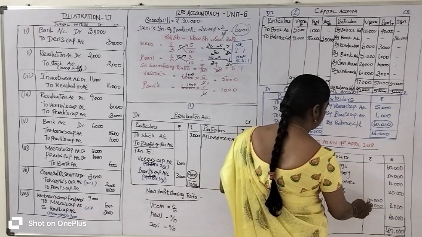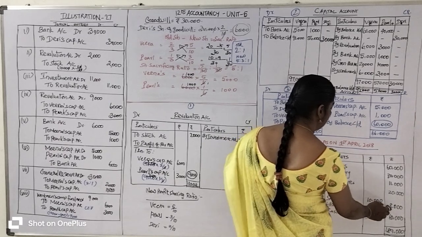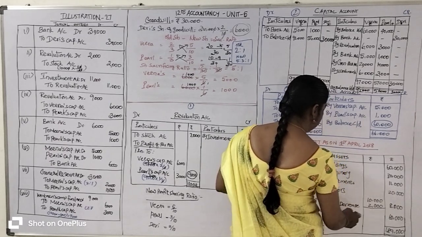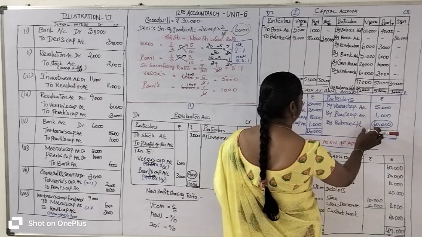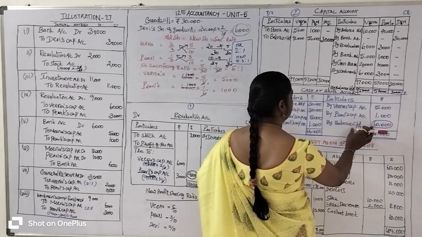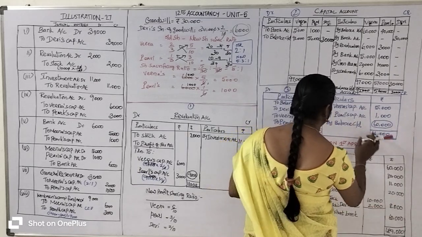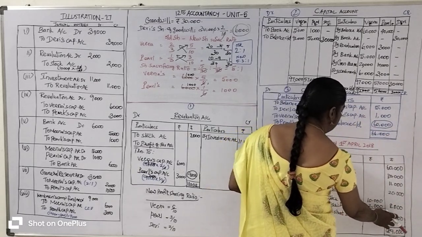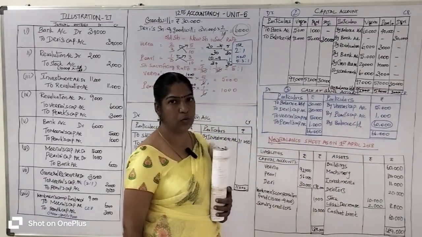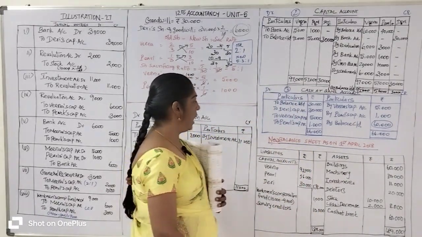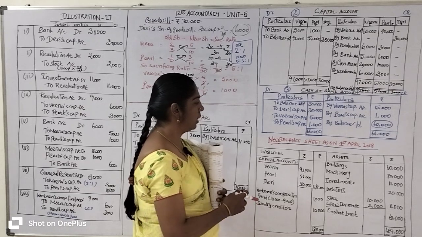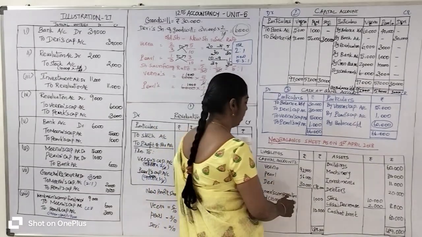Decrease in stock value 2,000 rupees subtracted from 10,000, you will get 8,000 rupees. The cash at bank value we take from the closing balance of the cash at bank ledger, 60,000 rupees, and enter here. Whatever transactions are related to assets and liabilities accounts, we enter here in the new balance sheet.